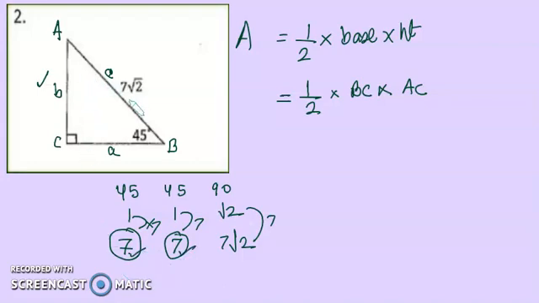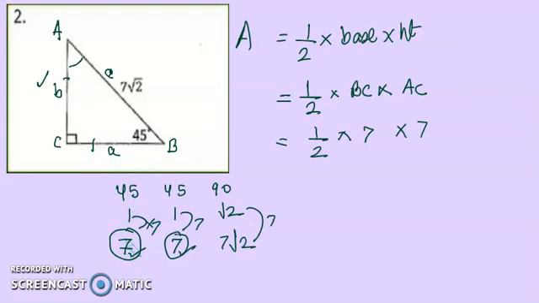So in a 45, 45, 90 triangle, the sides forming 90 degrees are equal in length because the triangle is an isosceles triangle. The two sides are equal. So here half times BC is equal to 7 and AC is equal to 7. Now I would like to explain once again.